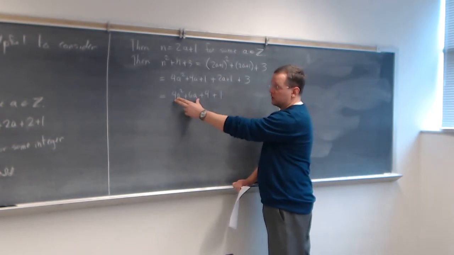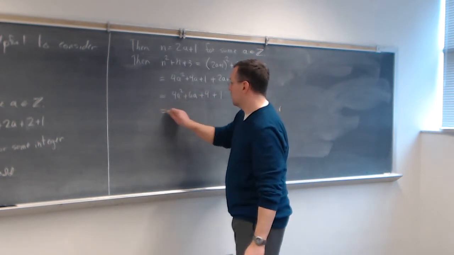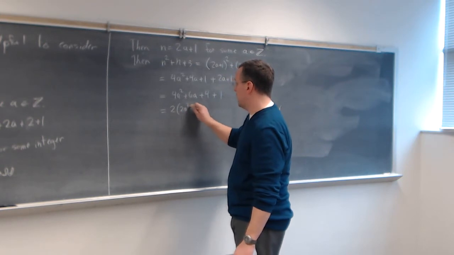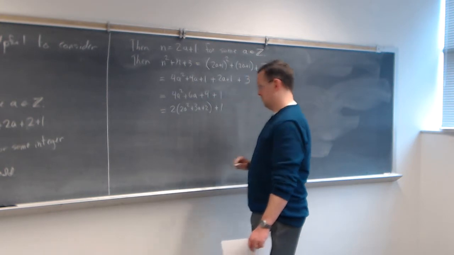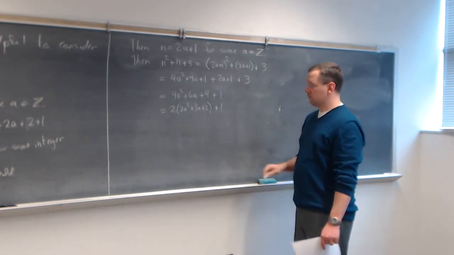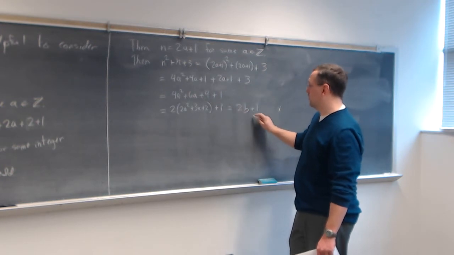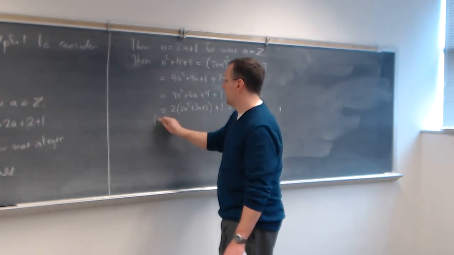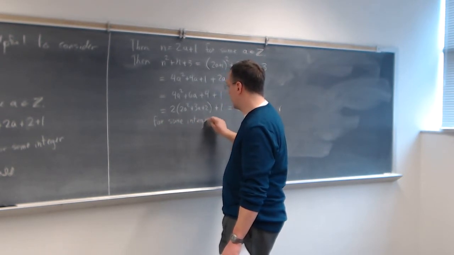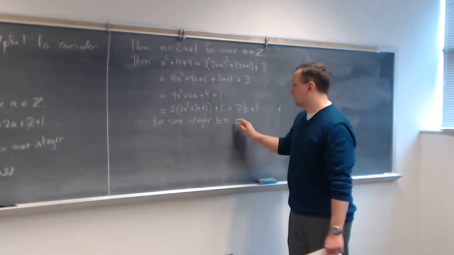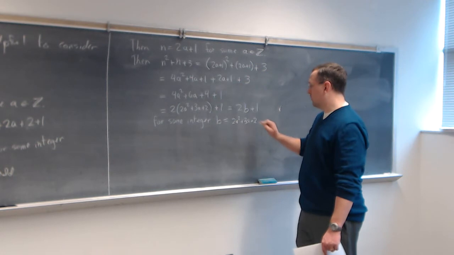Exactly. These terms are even, so I can factor out a 2. This equals 2 times the quantity 2a squared plus 3a plus 2, plus 1, which equals 2b plus 1 for some integer b, where b equals 2a squared plus 3a plus 2.